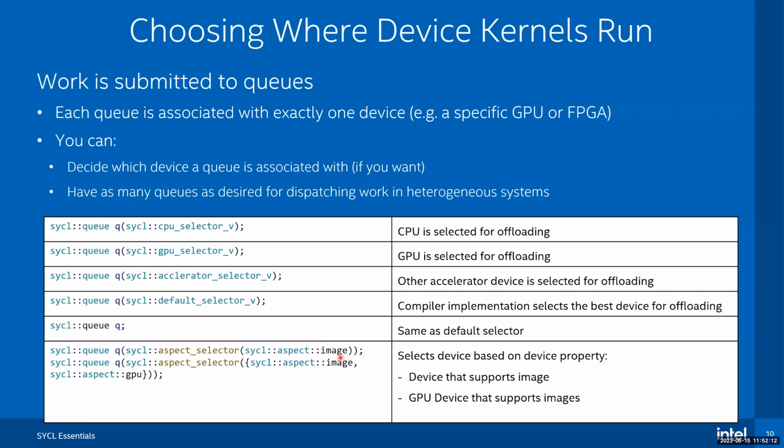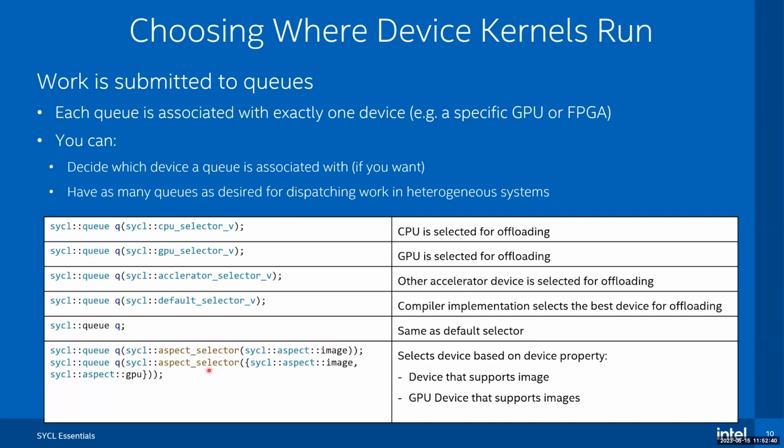So this mainly says a device that supports image processing. So this will select either a GPU or a CPU which has the image capability as an example, right? You can also have other aspects like does it have local memory support, right? So that's another aspect, or different other hardware features.